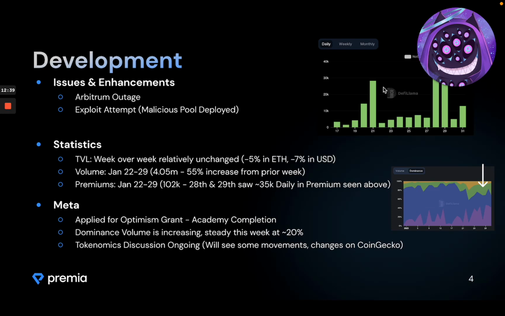In other terms, we applied to an Optimism grant today that would go hand in hand with our Academy program to try to onboard more users to Optimism, to teach them how to use the platform on Optimism using OP tokens as the default unit for that learn to earn component.